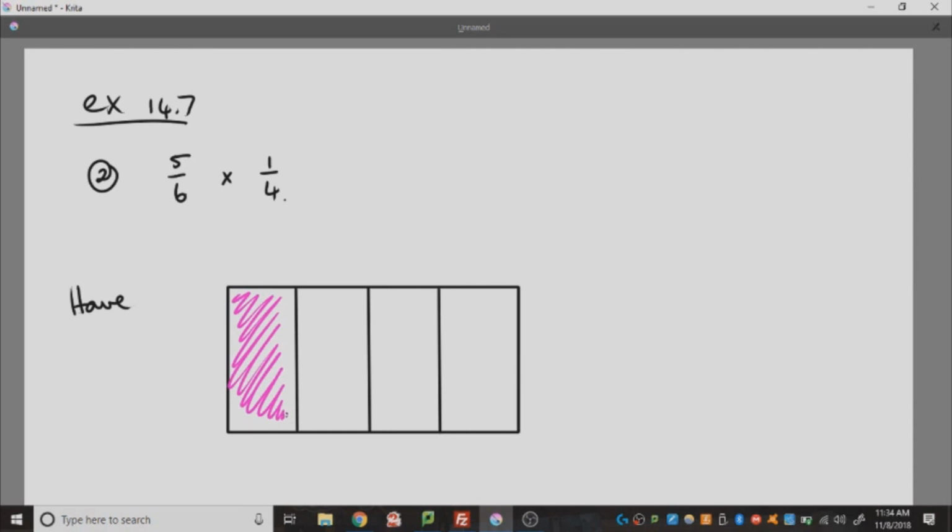Then the first fraction tells us what we take of that quantity, how much we take. And it says we have to take 5 out of 6. I'm going to go rows because columns are already taken care of. So I need to see what I have broken up into 6 equal pieces.